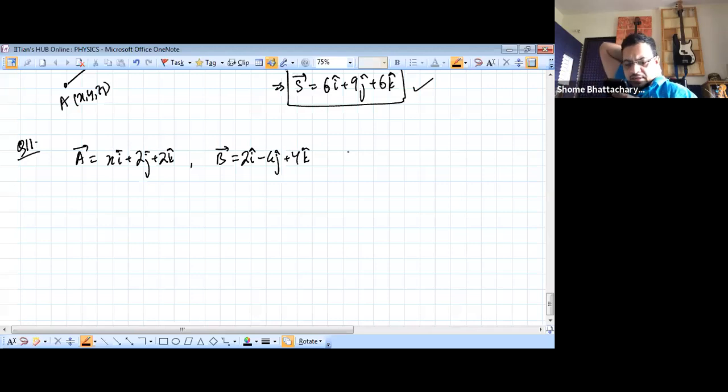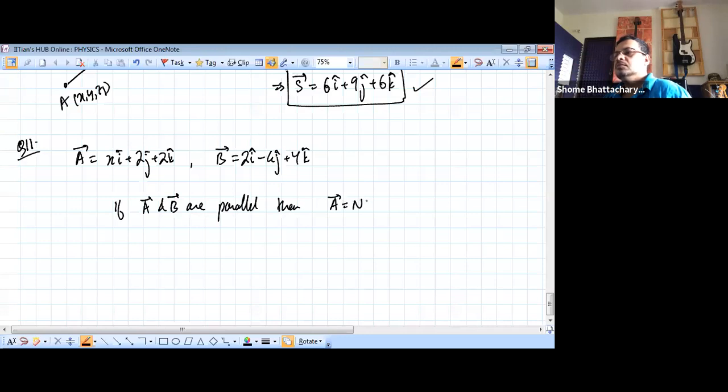So we have to find the condition for A and B to be parallel. You know that if A and B are parallel, then A should be equal to some scalar number times B. Or another way of expressing it is that A cap is equal to B cap.